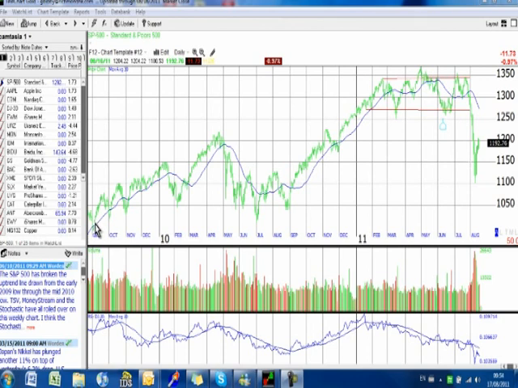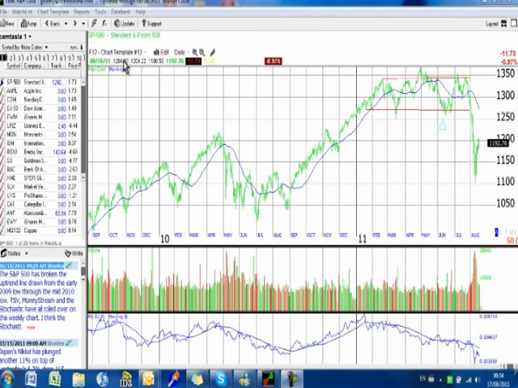Each line is the daily price spread for that index, and it shows you also a little bar marker on the side where the market ended at the end of the day. This just shows you the price movements during the day. This is the low, and this is where the market ended.